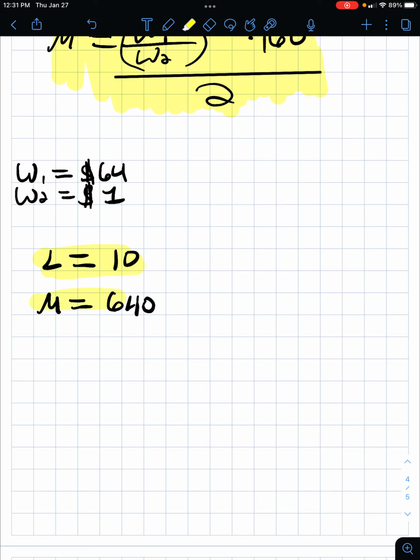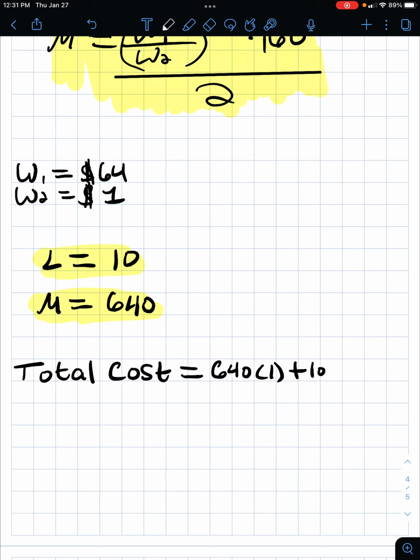So as a cost minimizer for this production function, producing 160 units of output, you want 10 units of labor and 640 machines. That's what it's saying essentially. And the total cost for producing 160 units of output with 10 units of labor and 640 machines is going to be 640 times 1 plus 10 times 64.